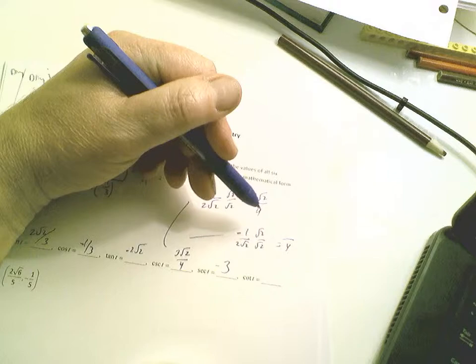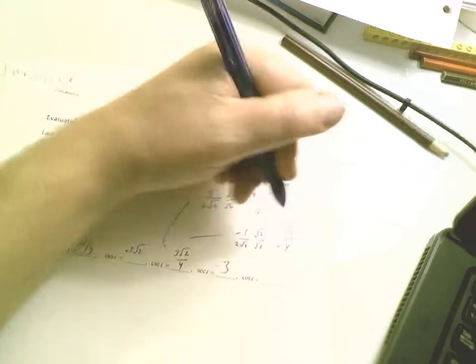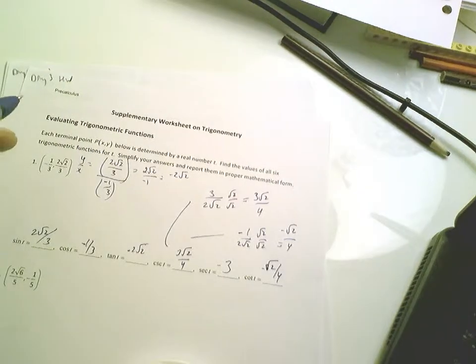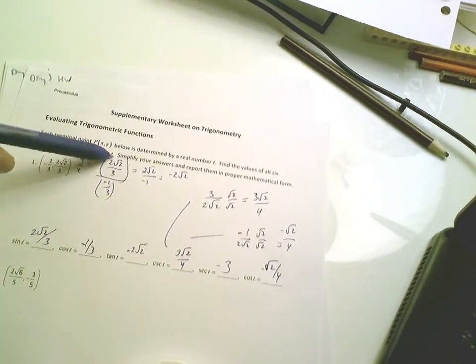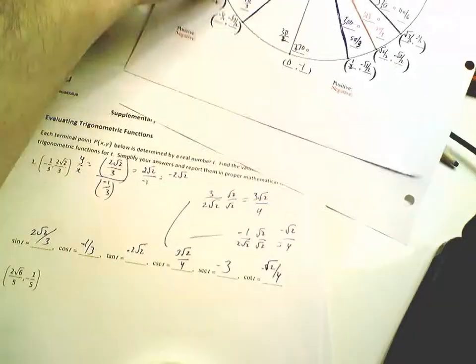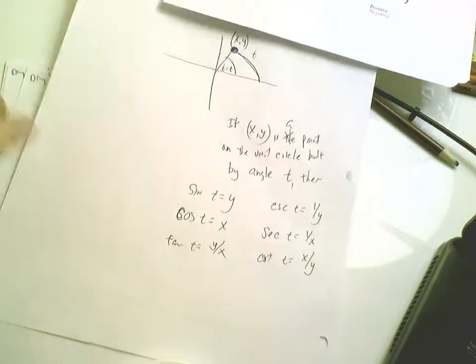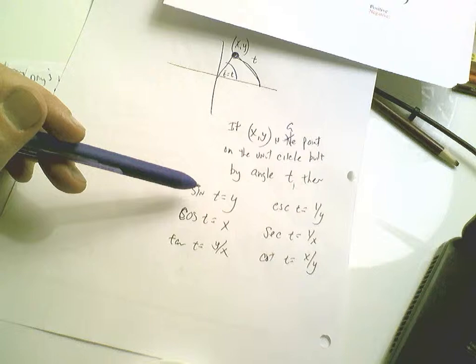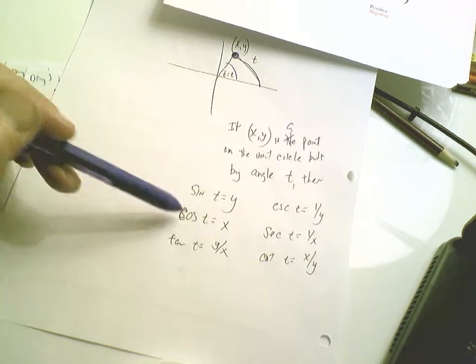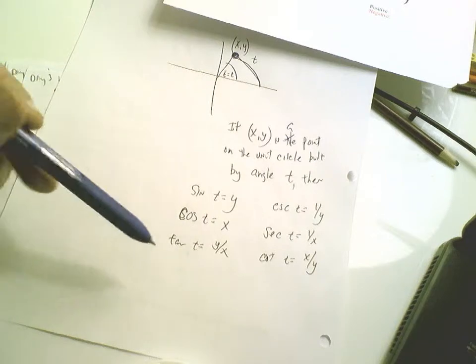The top is -√2, so we get -√2/4. And so that's the basics. Know your point. Your key takeaway: know your relationships. Sine of your angle on the unit circle is the y coordinate of where you land. Cosine is the x. Tangent is y over x. Roll with those. You're good to go on these types of problems.